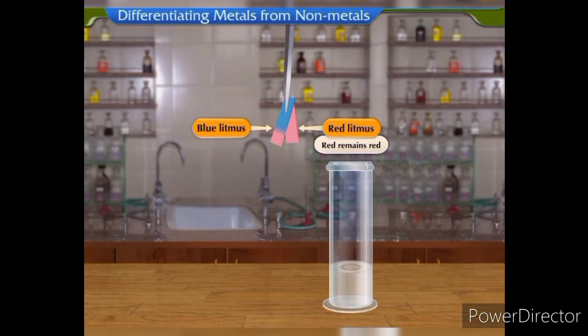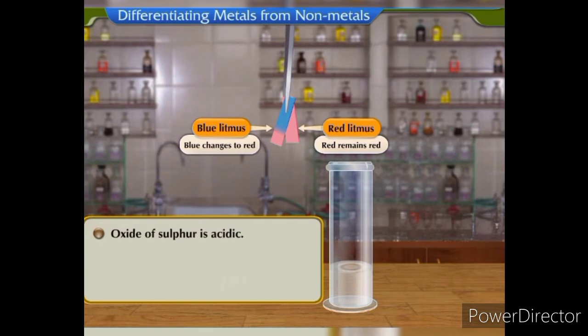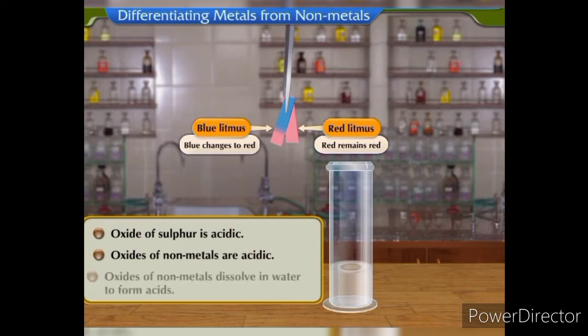The red litmus remains red and the blue litmus changes to red. This shows that the oxide of the nonmetal sulfur is acidic. Usually oxides of nonmetals are acidic. By dissolving oxides of nonmetals in water, we can form acids.